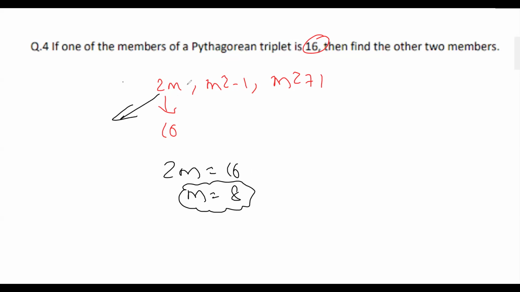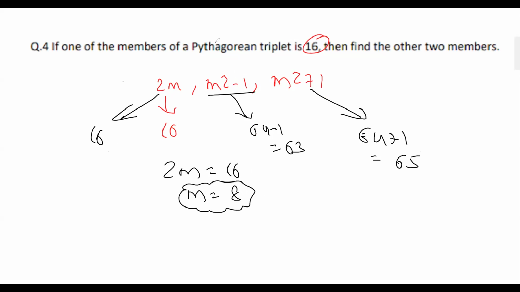From here, if I place m as 8, I'm getting 2 into m, that is 16. Here, if I place m as 8, then 8 square minus 1, that is 63. And if I replace m here again with 8, we'll get 8 square, that is 64, plus 1, that is 65.